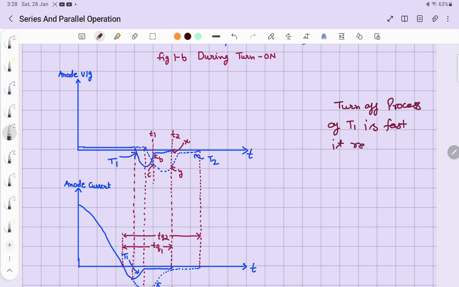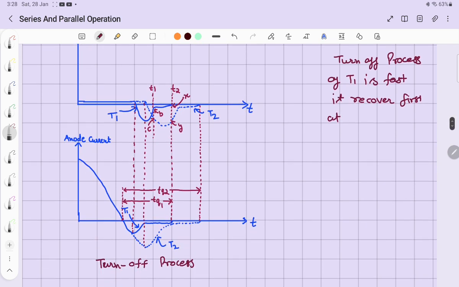It recovers first, after TQ1 time, right?